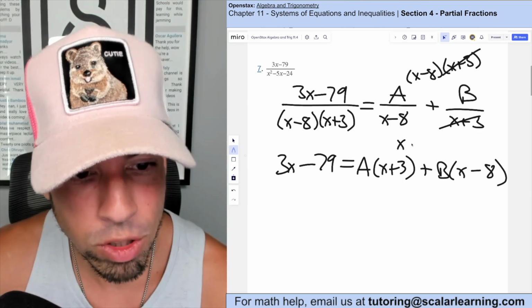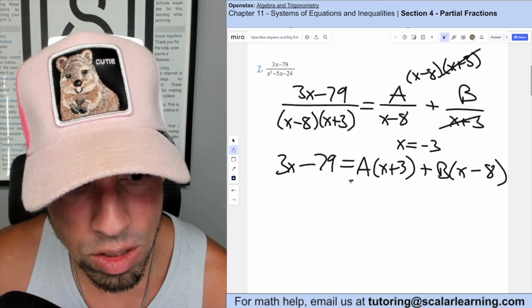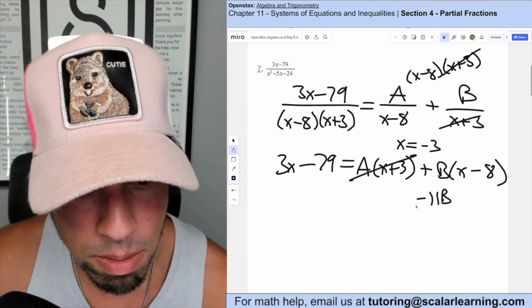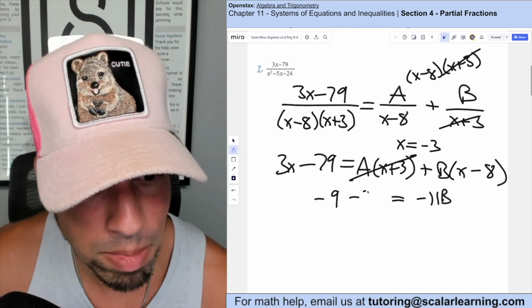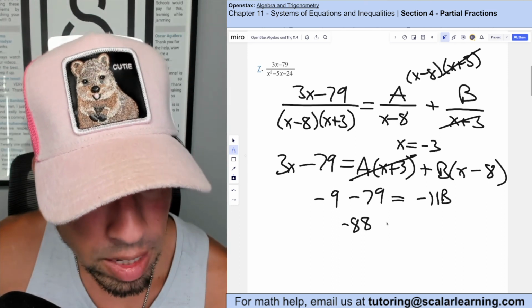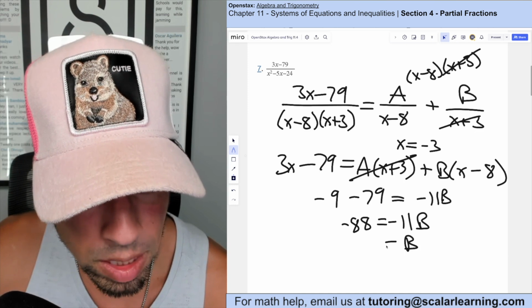So what I'm going to first do is plug in -3 for x. The reason why is because that's going to zero this out. And then here we have -3 minus 8 is -11b is equal to 3 times -3, which is -9, minus 79. -9 minus 79 is -88. So -88 equals -11b, divided by -11, b equals 8.